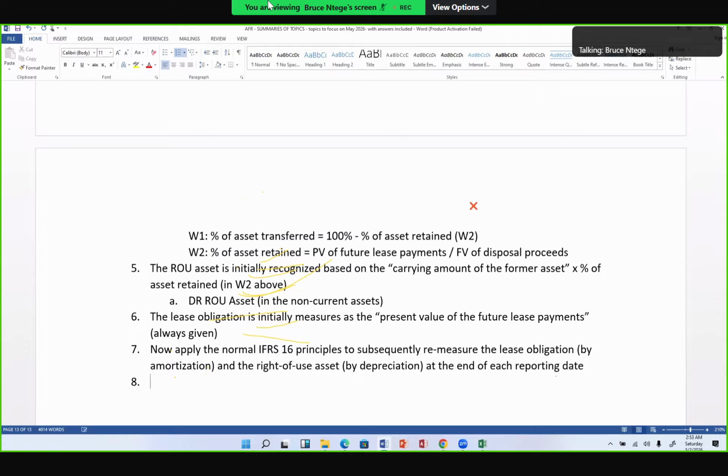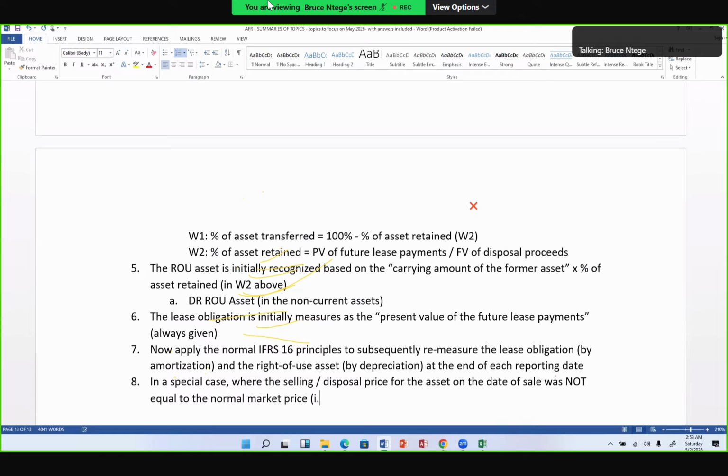Otherwise, in a special way, number 8, in a special case where the selling or disposal price for that asset on the date of sale was not equal to the normal market value or the normal market price of that asset, what I'll call an abnormal price.